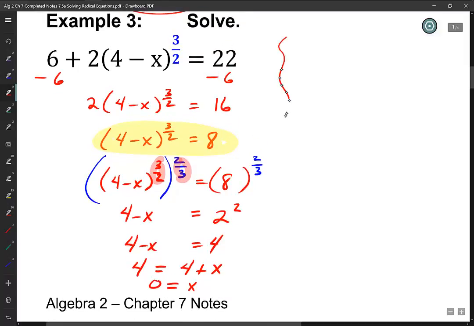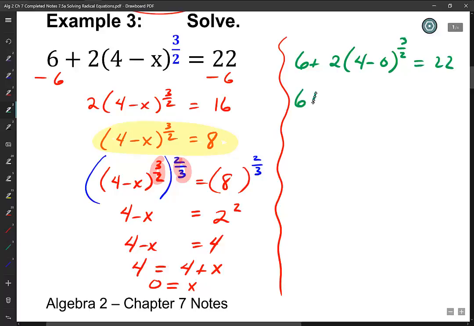Let's check this and see how this pans out. 6 plus 2 times (4 minus 0) to the 3/2 supposedly is going to equal 22. Well, that's 6 plus 2 times 4 to the 3/2 equals 22. That's 6 plus 2.